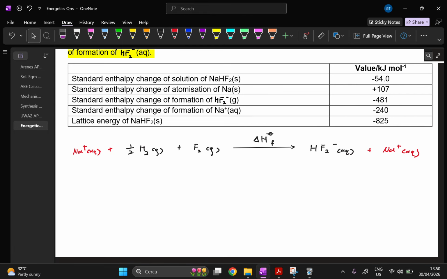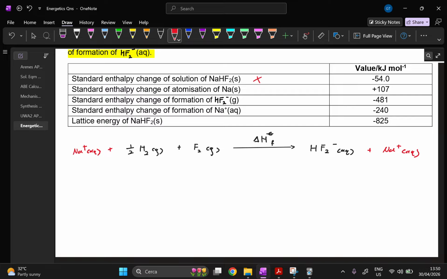So because I have one ion in an aqueous state and one ion in a gaseous state, there's nothing I can do about the solution or the hydration or the lattice energy. So this one and this one we know we cannot use. And we also cannot use atomization because atomization is Na solid to Na gas.